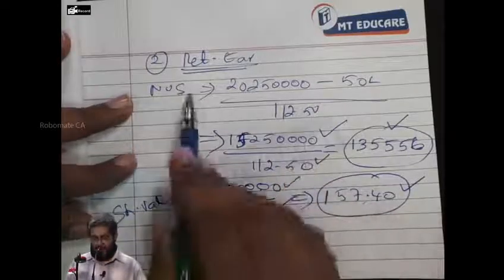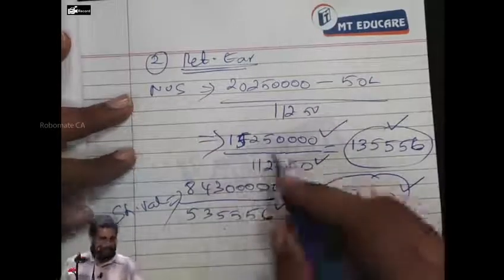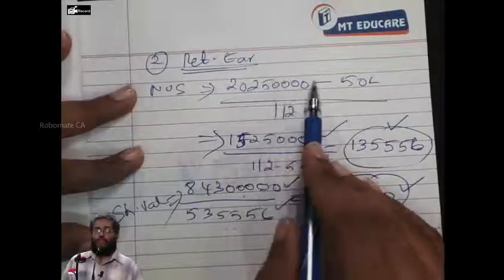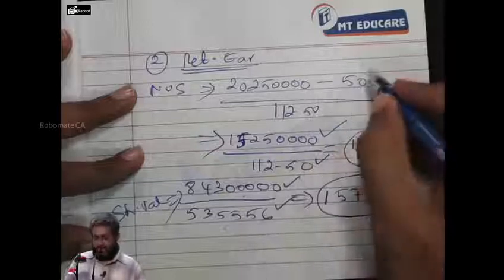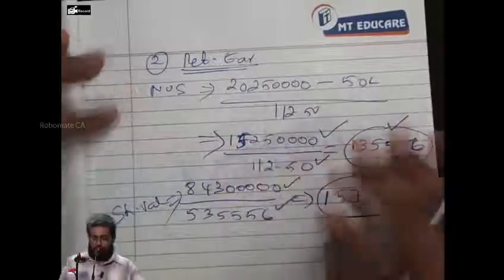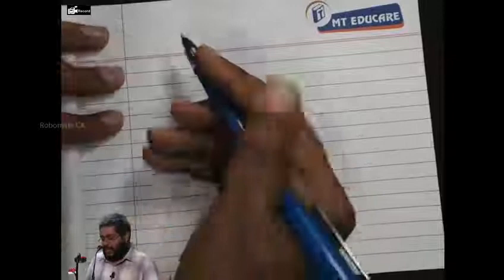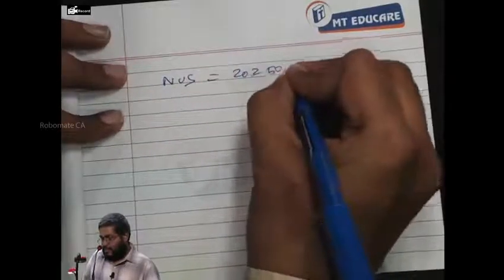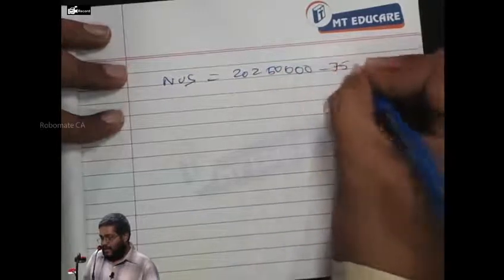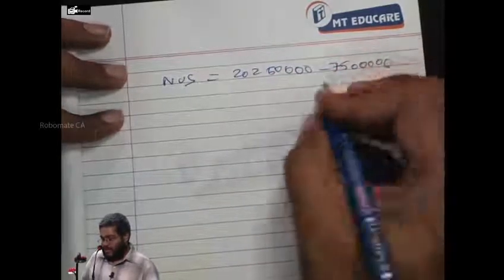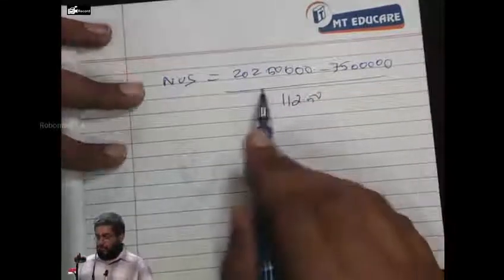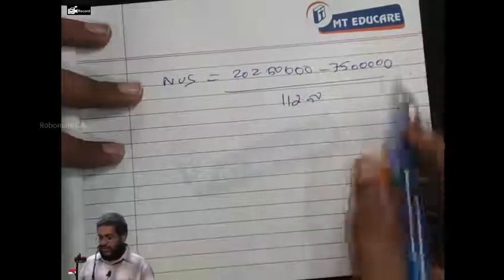Can I proceed? Right. Number of shares is equal to 2 crore 2,50,000 minus how many lakhs? 75 lakhs now. Make a change. 2 crore 2,50,000 minus 75 lakhs divided by 112.5.